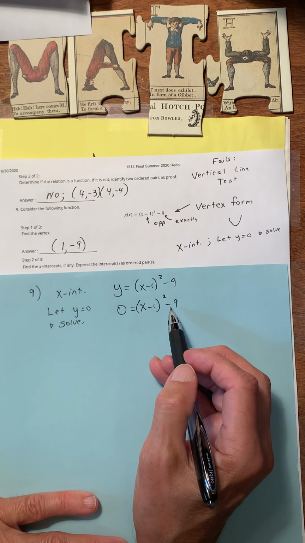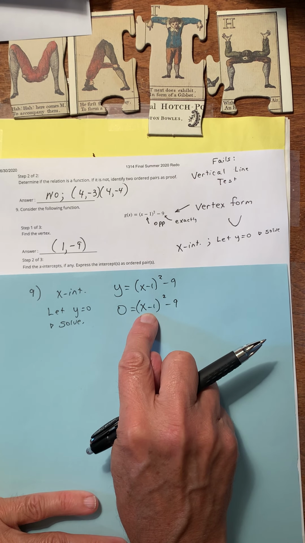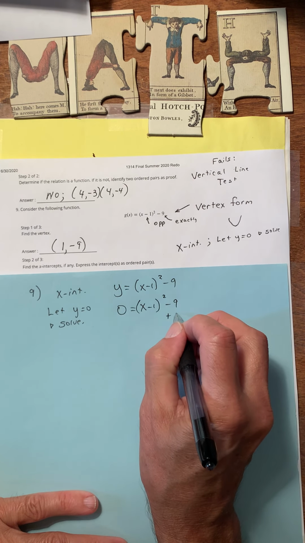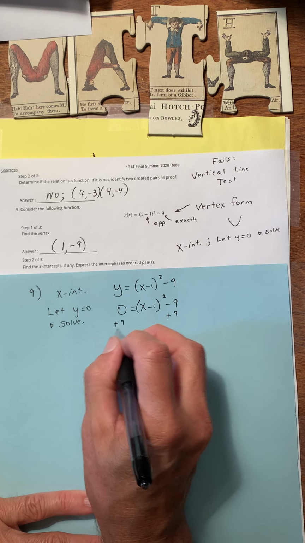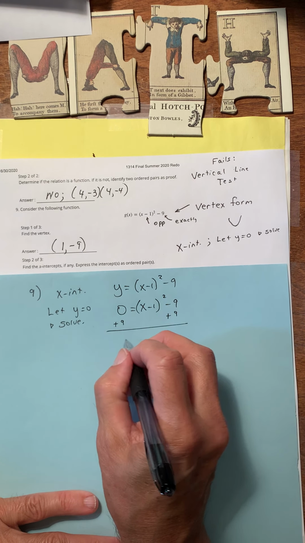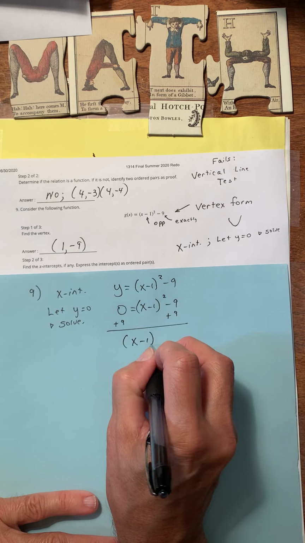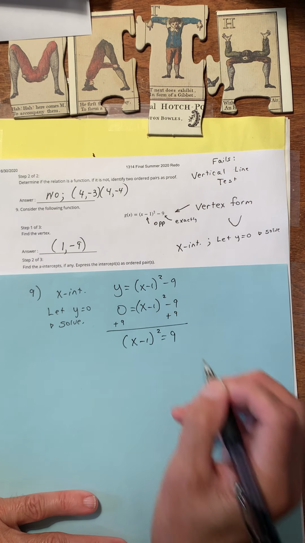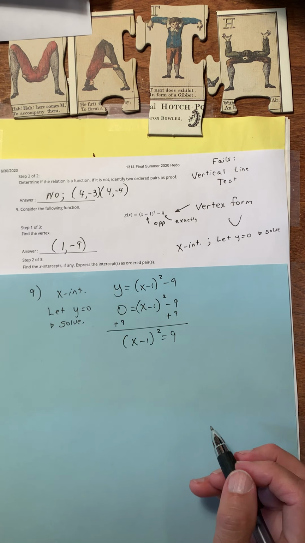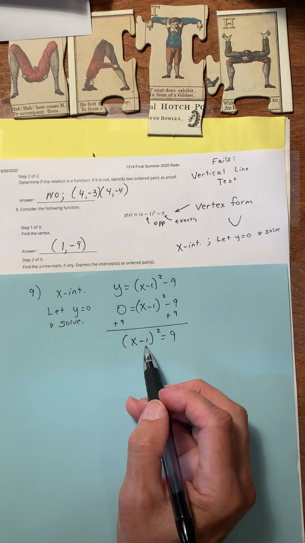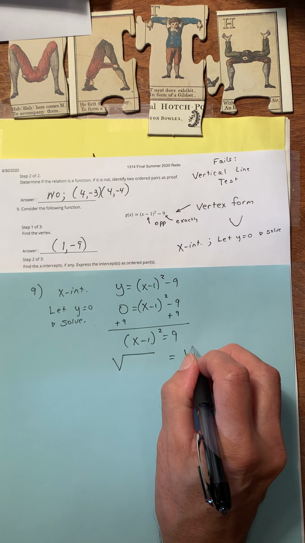Do it this way. Get the term with the x squared by itself. So I'm going to add 9 to both sides. I'm going to turn this around the other way, make it x minus 1 squared equals 9, if you don't mind. Well, how am I going to get this unsquared? That's right, I'm going to take the square root of both sides.